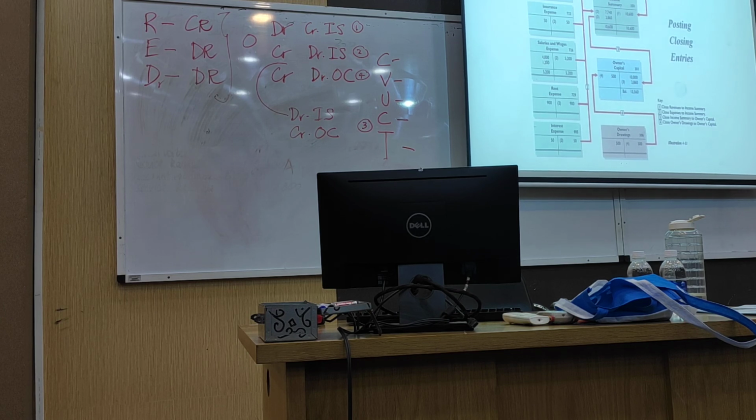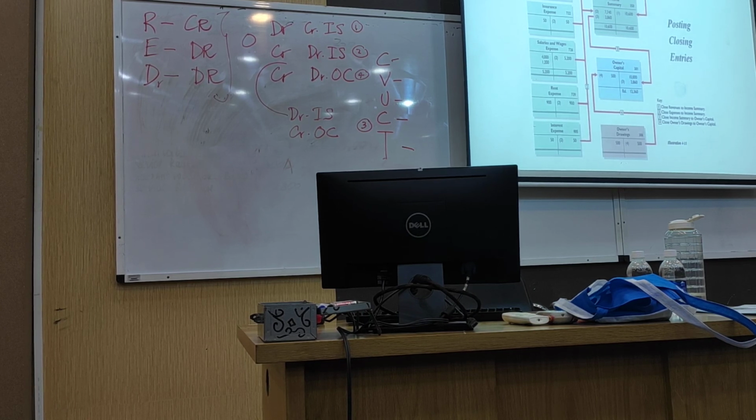So we just follow and create an extra step, which is the income summary account. So it's red plus income summary that are your temporary accounts. Clear or not clear?